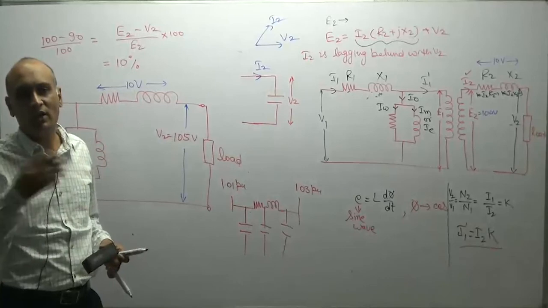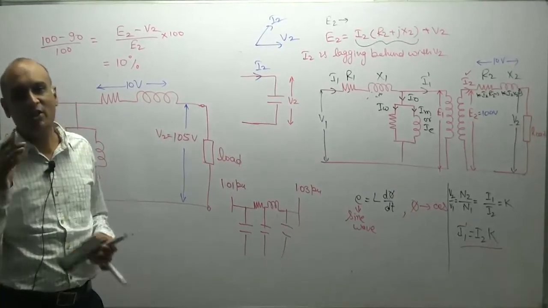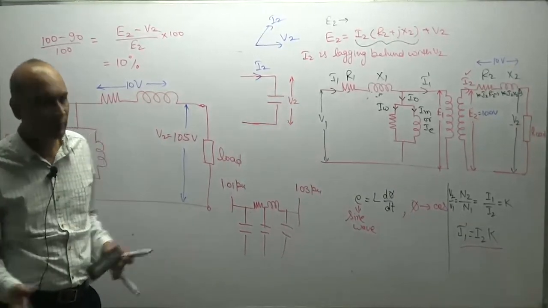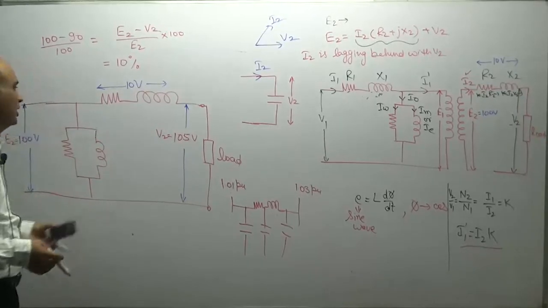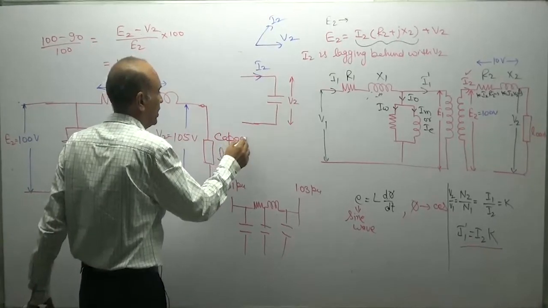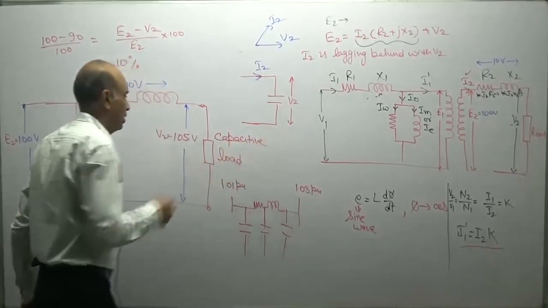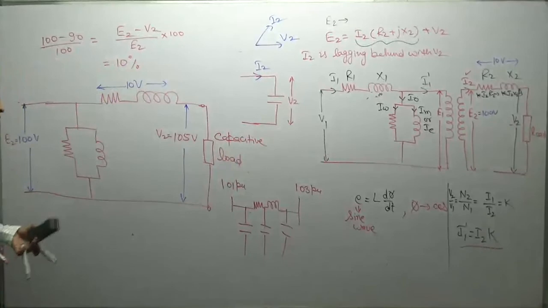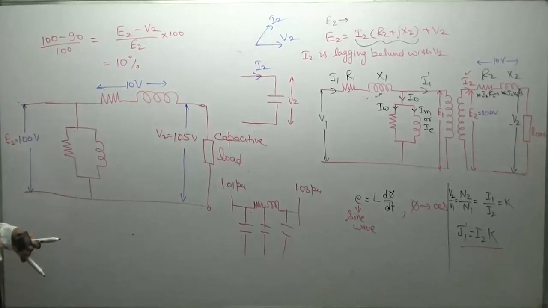Inductor is trying to decrease the voltage, and capacitor does just the opposite of inductor. So, if it is a capacitive load, then you will find that terminal voltage may be more than induced voltage.